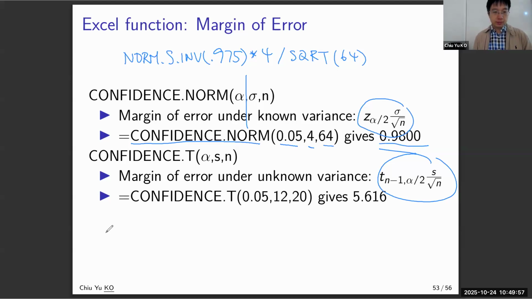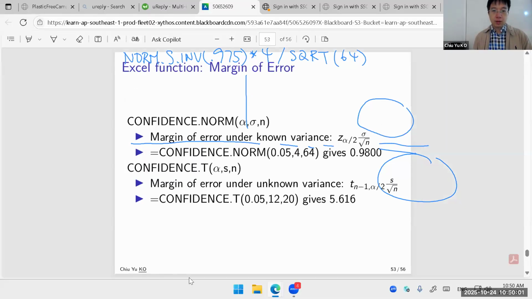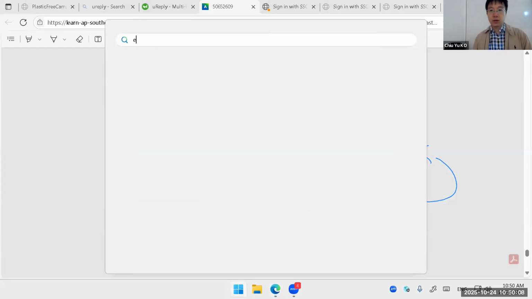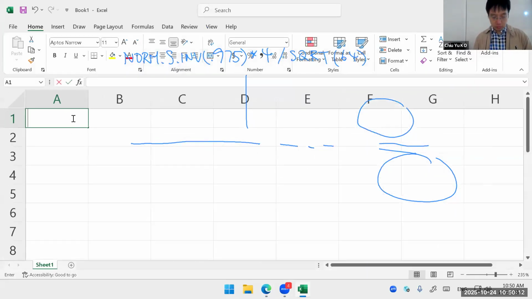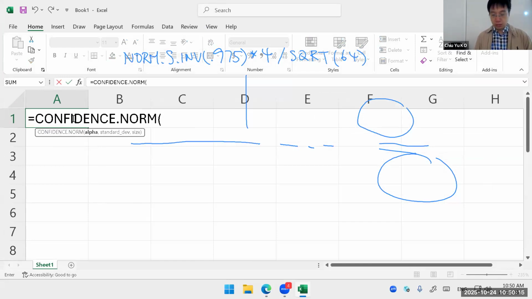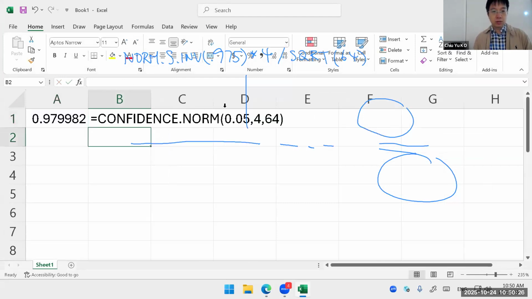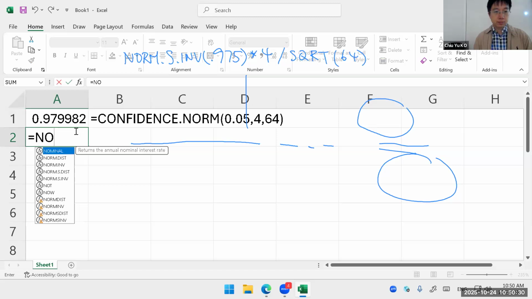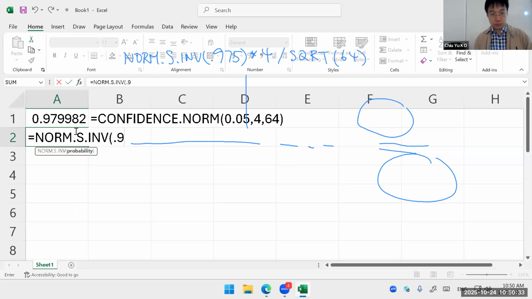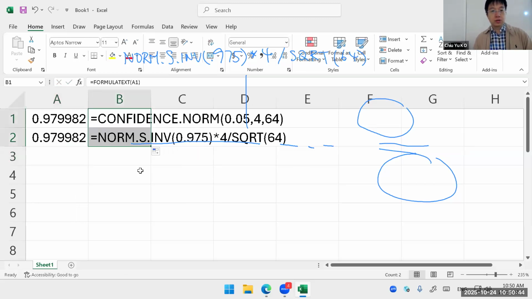It also gives you the same number. So I show you that they are exactly the same.